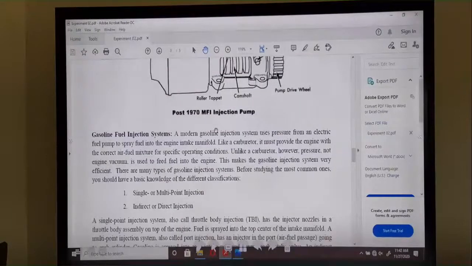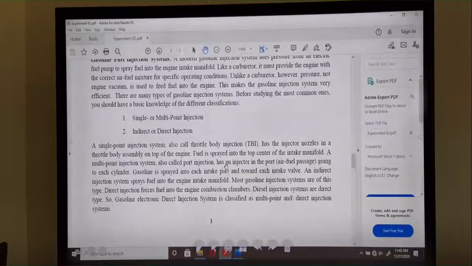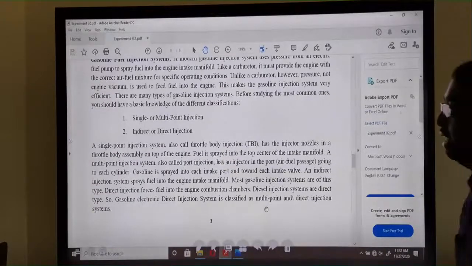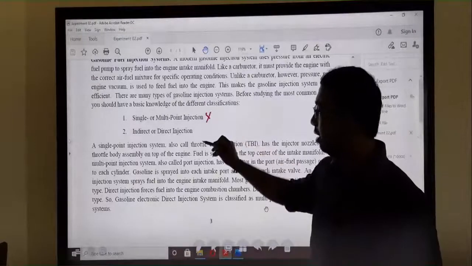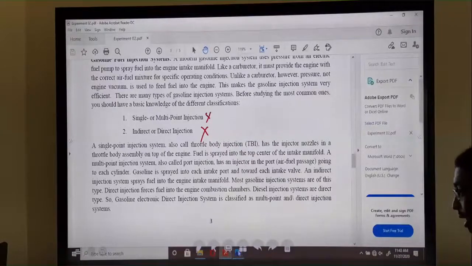So now we can see the injection process. There are single and multi-point injection, and direct and indirect injection. What does this mean? I explain here.